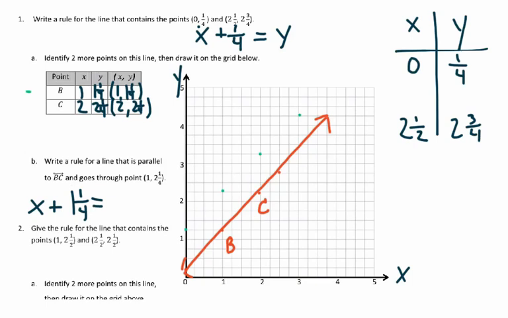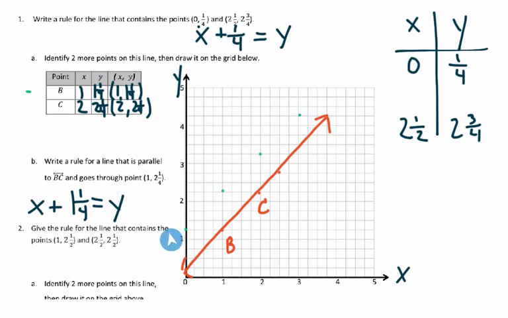Let me make sure that's equal to y to see if that would work. And I have 1 right here, which was our original, and 2 1/4. If x is 2 and I'm adding 1 1/4, I would have 3 1/4, which is right there, and 3 and 4 1/4.